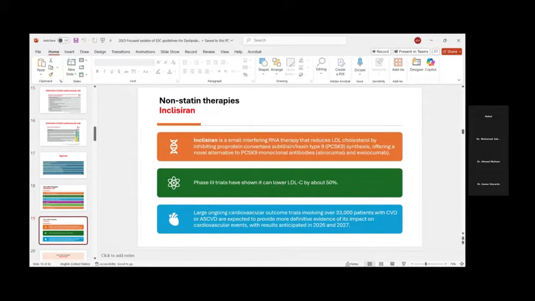And now we have large ongoing cardiovascular outcome trials involving more than 33,000 patients with cardiovascular disease, expected to provide more definitive evidence of its impact on cardiovascular events, and the results are anticipated in 2026 and 2027.